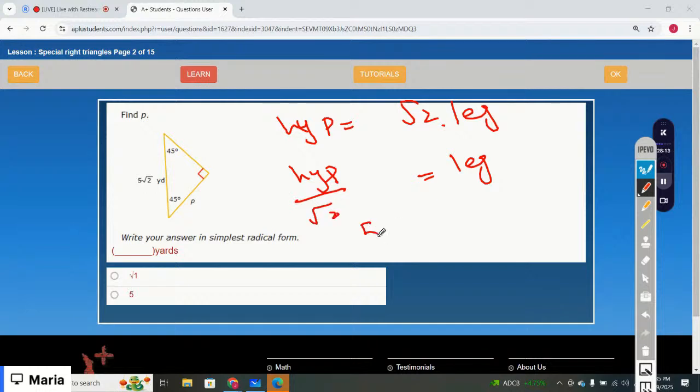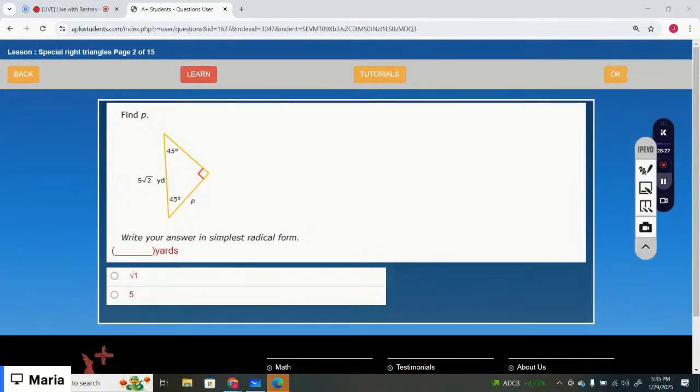The hypotenuse is 5 square root 2. 5 square root 2 divided by square root 2, the square root 2 cancels out. You are left with just 5. Option number 2 is the correct option.